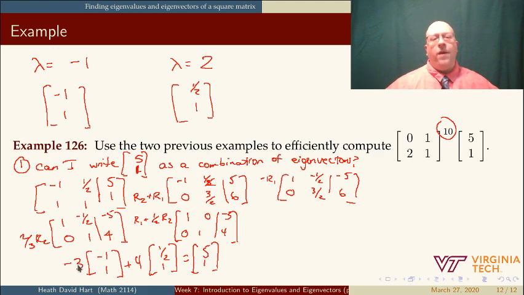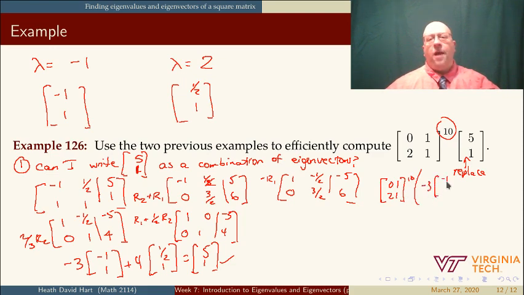In the bottom row, we get negative 3 plus positive 4, and that equals 1. So that checks. Now that we have this combination, I'm going to replace the 5, 1 in the equation with this combination. 0, 1, 2, 1 to the 10th power times negative 3 times negative 1, 1 plus 4 times 1/2, 1.